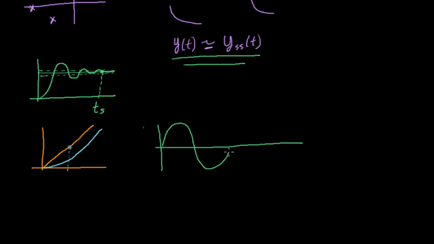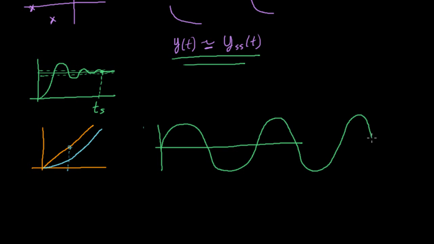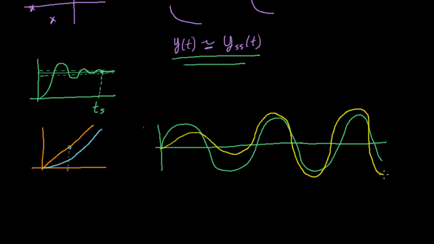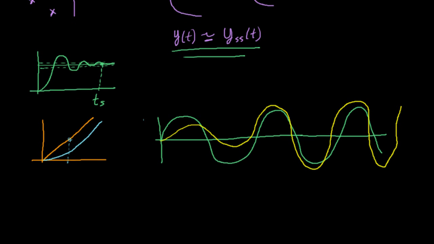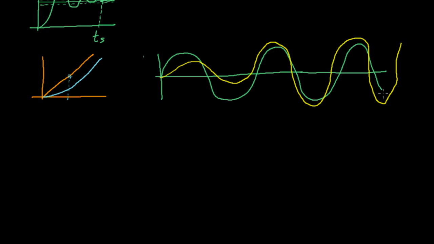So if we have this input, maybe we have to wait. This is not regular at all. Okay, this is better. Maybe we have to wait a certain number of cycles until we can find the steady state. So maybe the response is developing here, but from a certain point like this, we can say that only the steady state is left.